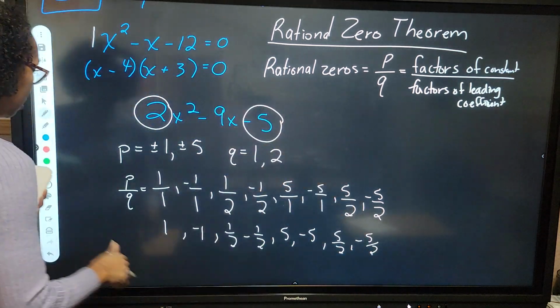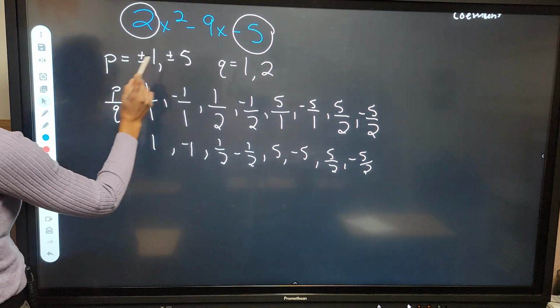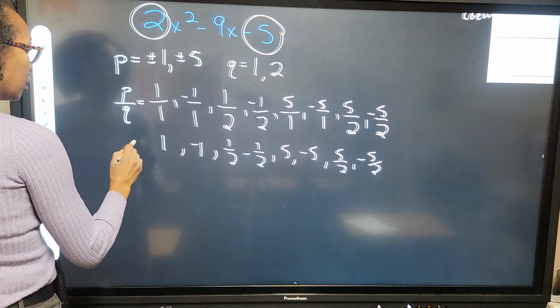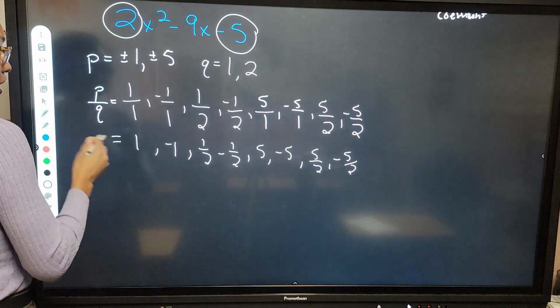Hopefully you can see all this. I'll move it up a little bit. Again, we're just taking the p's divided by q's in order, all the list. Now we're going to simplify and put them together.